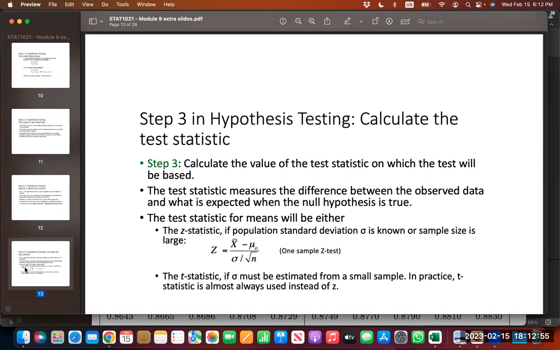This is how you calculate it: x minus mu, sample mean minus population mean, divided by the standard error of the mean. That is the so-called test statistic. It's not really a STAT score anymore, it is called a test statistic. It's an important distinction, actually.